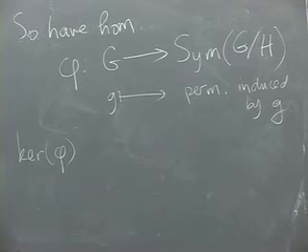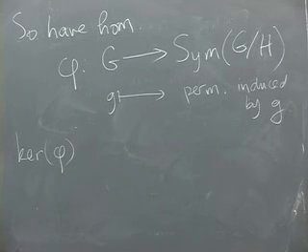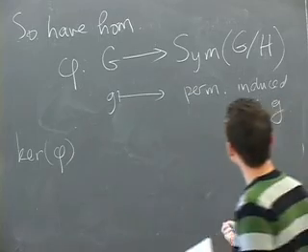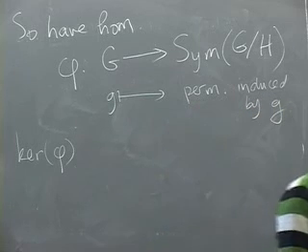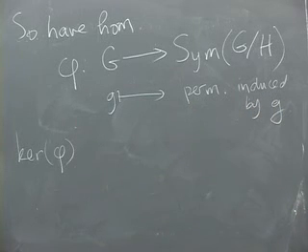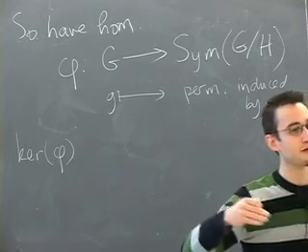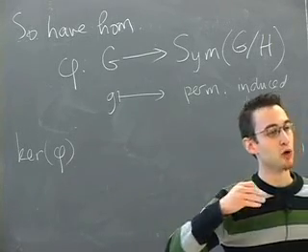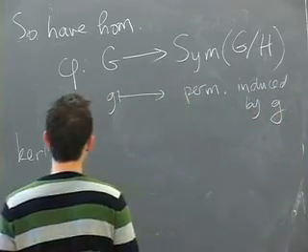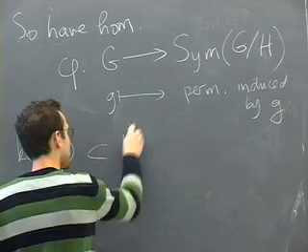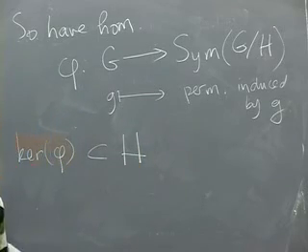Now, H is some proper subgroup, so H isn't all of G. If something is going to act trivially on the coset space G mod H, then it had better be in H, right? That's just the definition of the action. Things are equivalent only if they differ by multiplication by an element of H. That's how cosets work. So the kernel must be contained in H just by general principles.